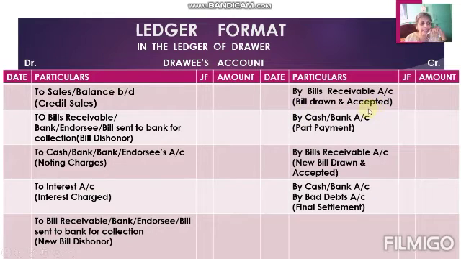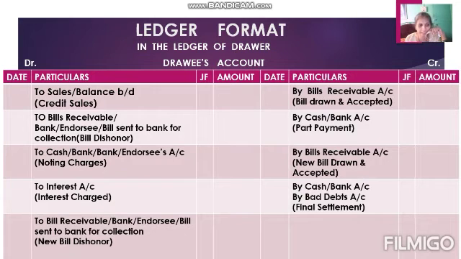Then the next entry: options used by drawer. For options used, the first option, retaining the bill: there is no need to pass any entry, so no posting is there. Second, discounting: the entry is cash or bank account debit, discount account debit to bills receivable account.